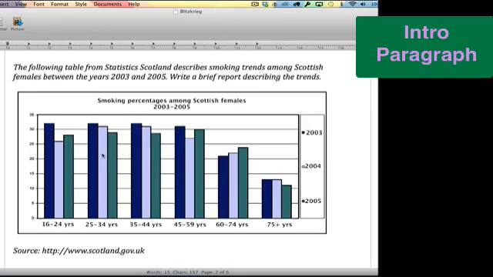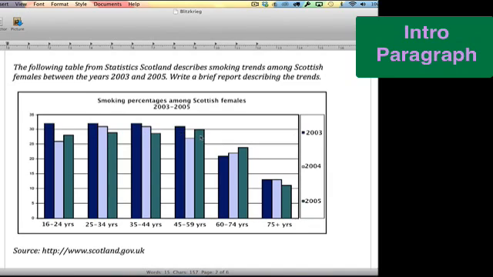So for example, if we look at this graph, for Scottish women between 16 and 59 years of age, we see a fairly common value for this large age group in the year 2003.